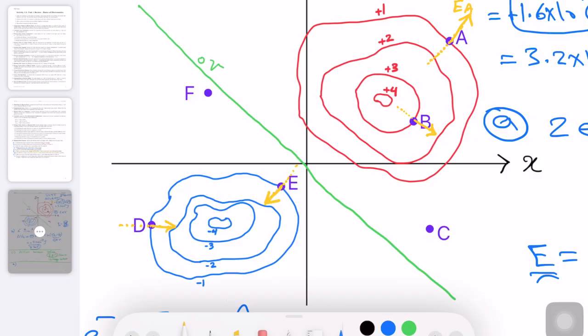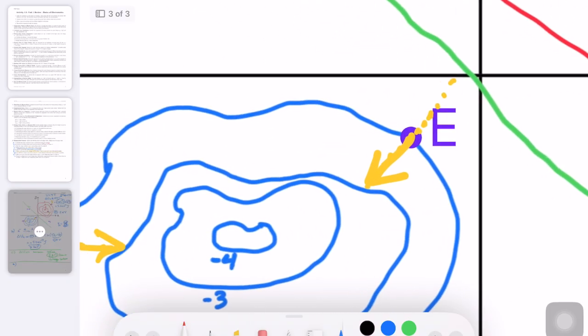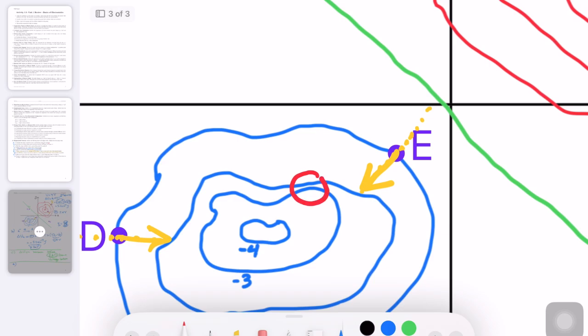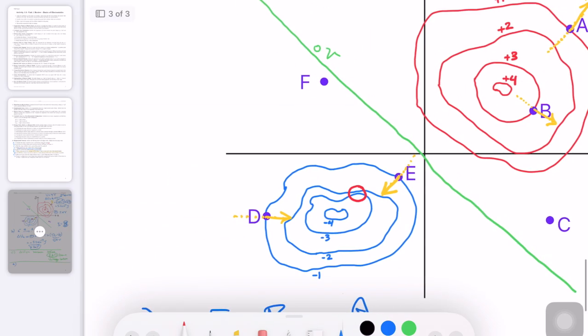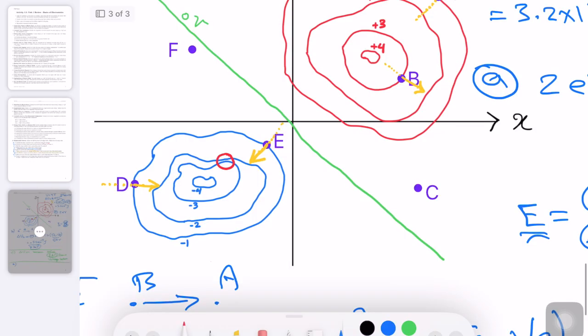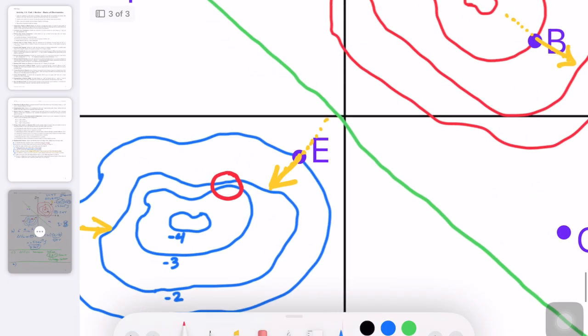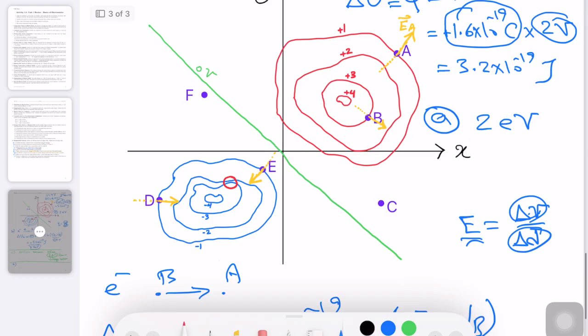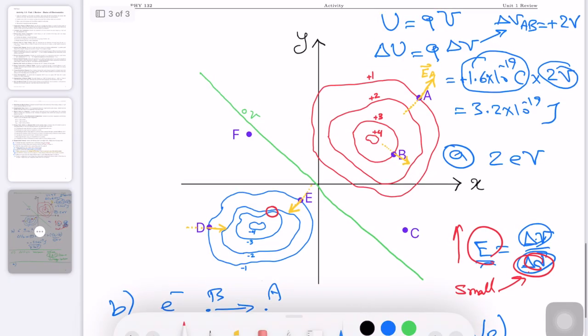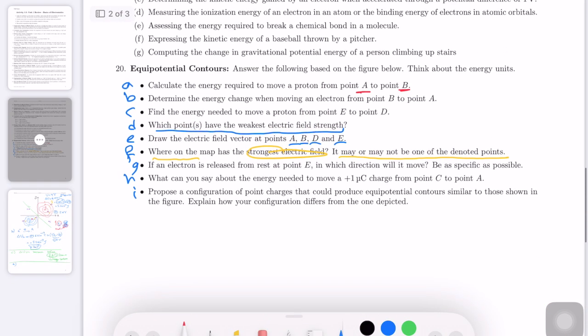Well, as you can see right here, these two contours are very close to each other. What that means is that you have a potential difference of going from -3 to -2. So you have a 1 volt potential difference at that point over a very small distance, which means the electric field is the highest at that point. So you would just circle that point or put a cross to indicate it.